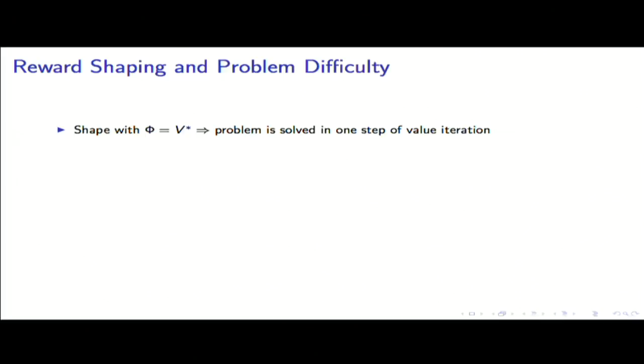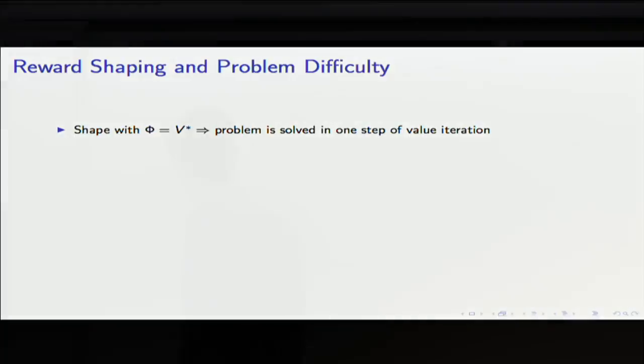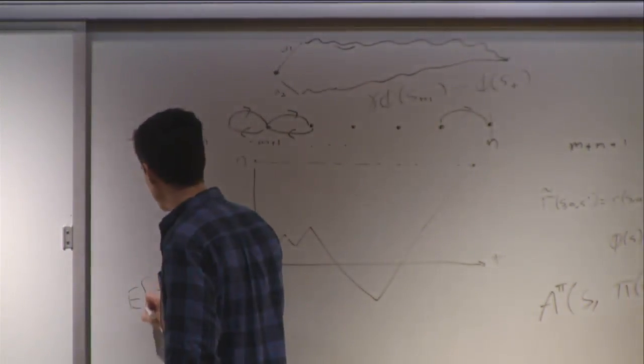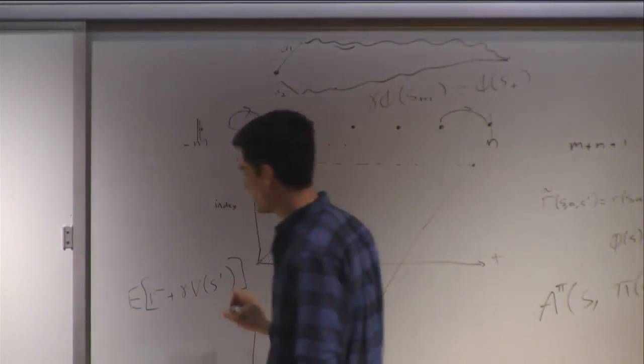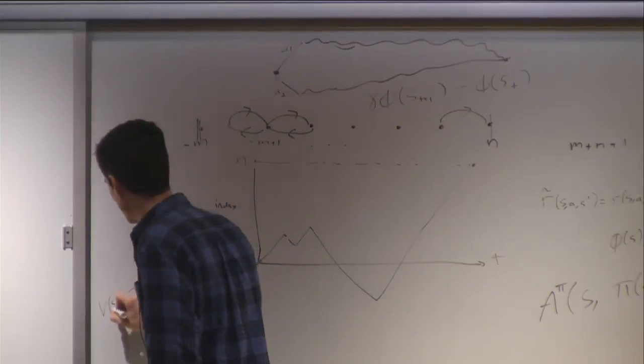let's see. So value iteration, you initialize the value function somehow, and then you do a backup. So you set the value function to be reward plus gamma times next value. You take the expectation of reward plus gamma times next value. That's the value of s.